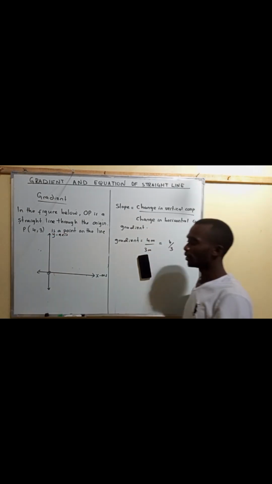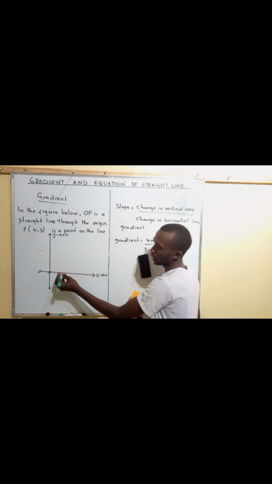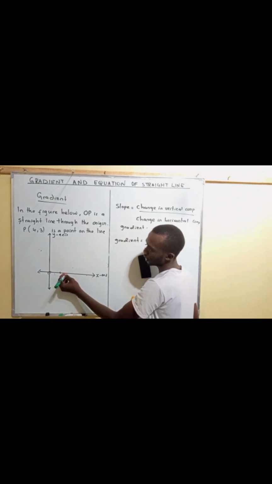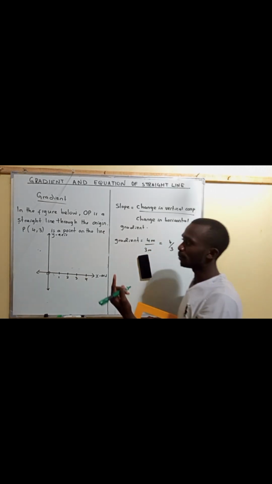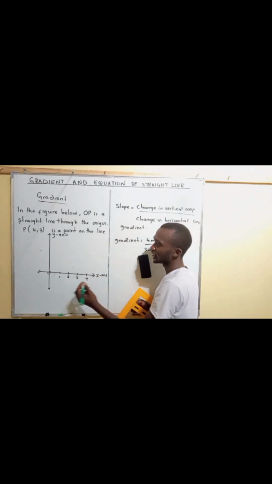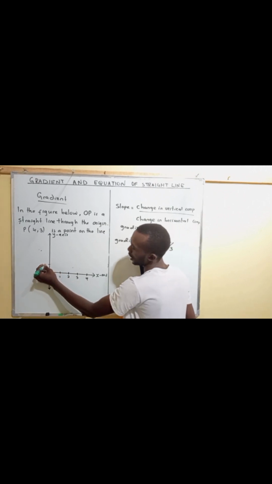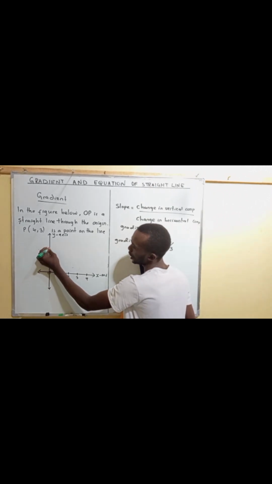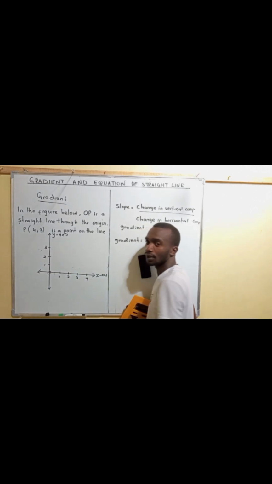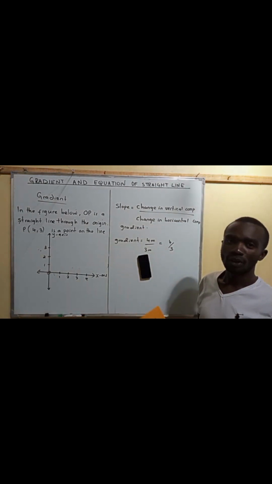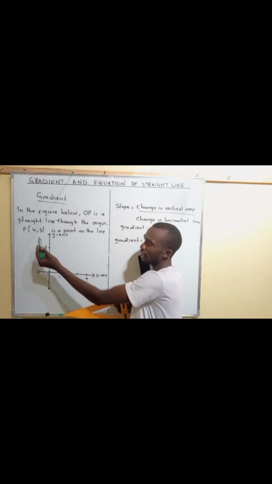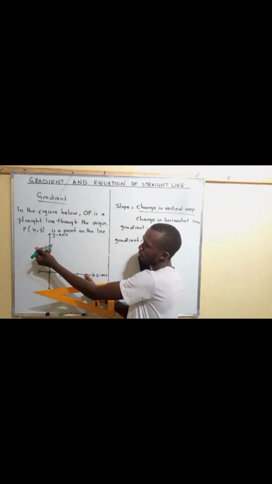Now assume that on the x component, we have point 1 at this particular point. Here is 1, 2, 3, 4. And on the y axis scale, we have 1, 2, 3. Now, to plot the point 4, 3 on the Cartesian plane, the x component is 4 and the y component is 3.